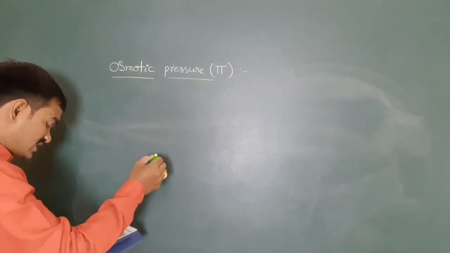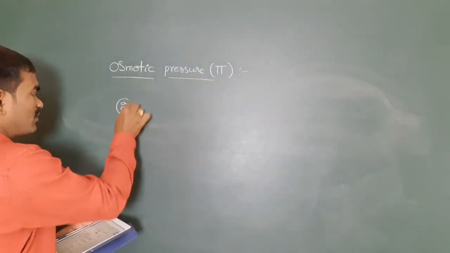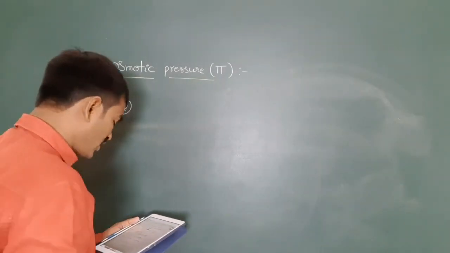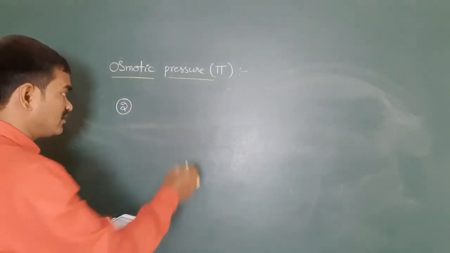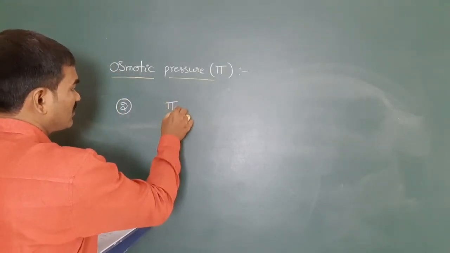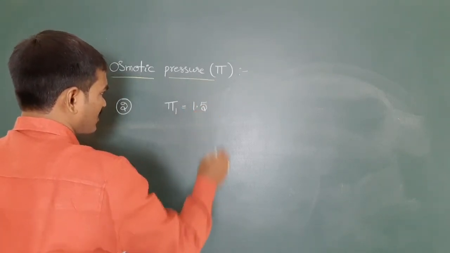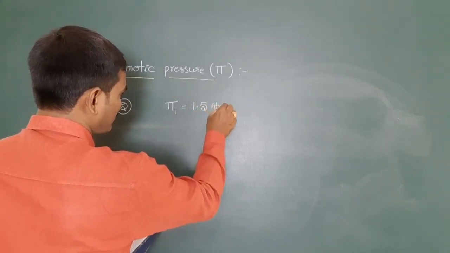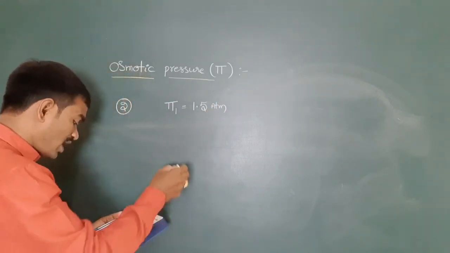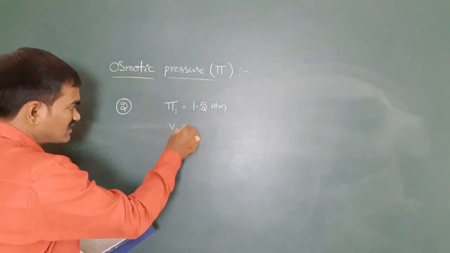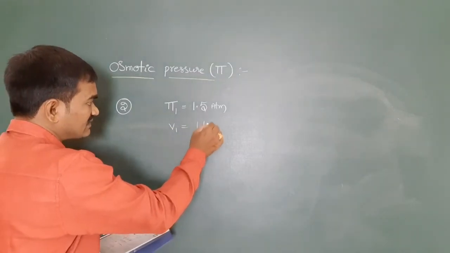Okay, so here you see problem number 2. They have given two solutions. Solution number 1: osmotic pressure is 1.5 atm, and the volume of solution 1 is 1 liter.